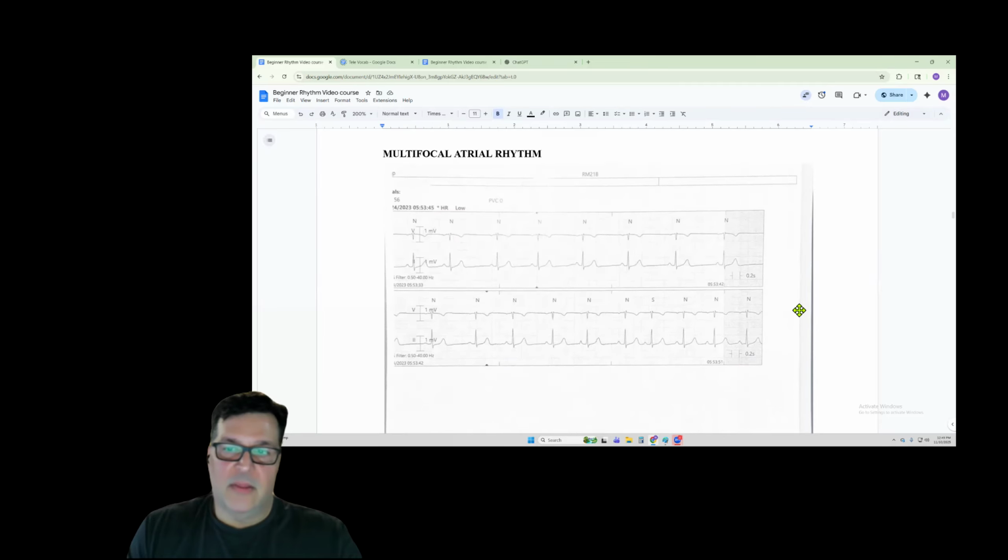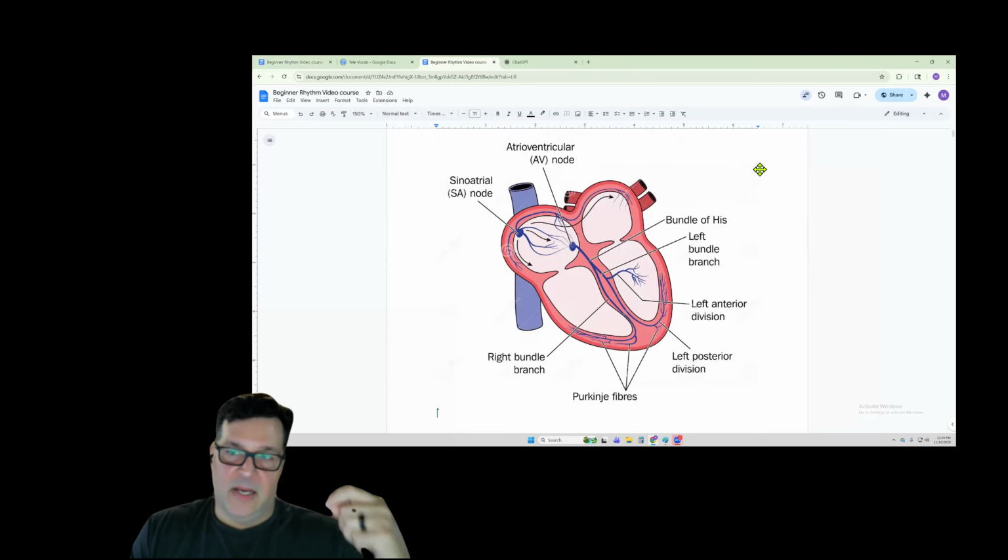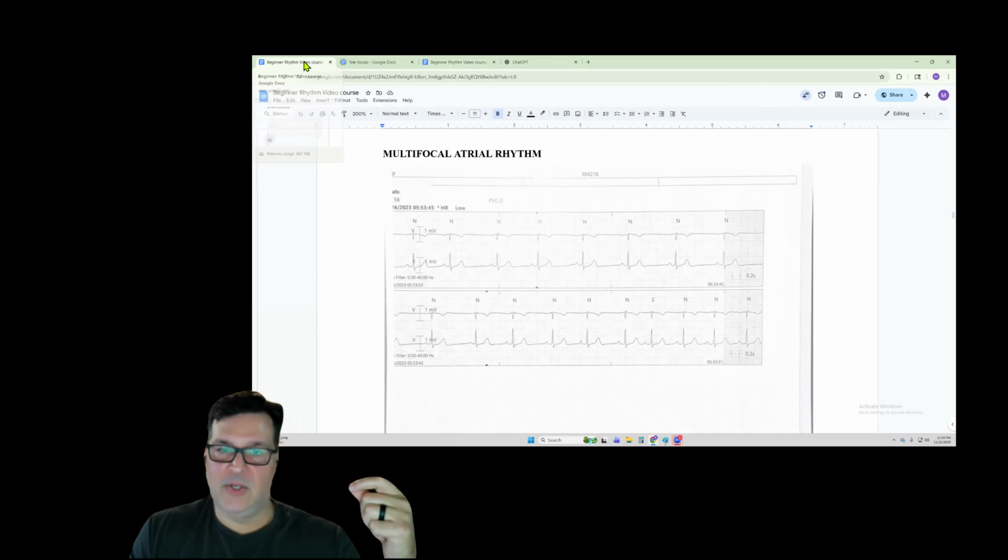There is another one that we bundle in with wandering atrial pacemakers, which is called a multifocal atrial rhythm. It does not have that pattern like the wandering atrial pacemaker does. Instead, the impulses come sporadically from all over the place in the atrial chamber. Some of them can be from the SA node, some of them can be from the junctional area, but they're usually from all around in the atrial chamber.